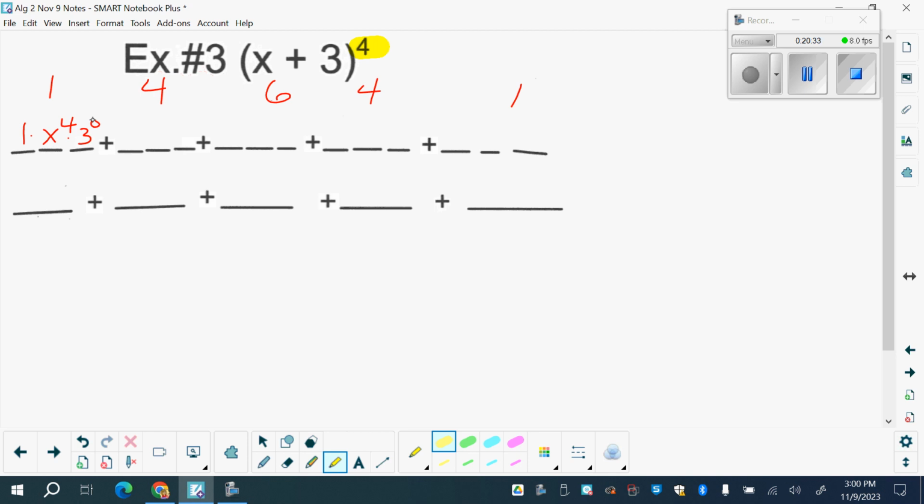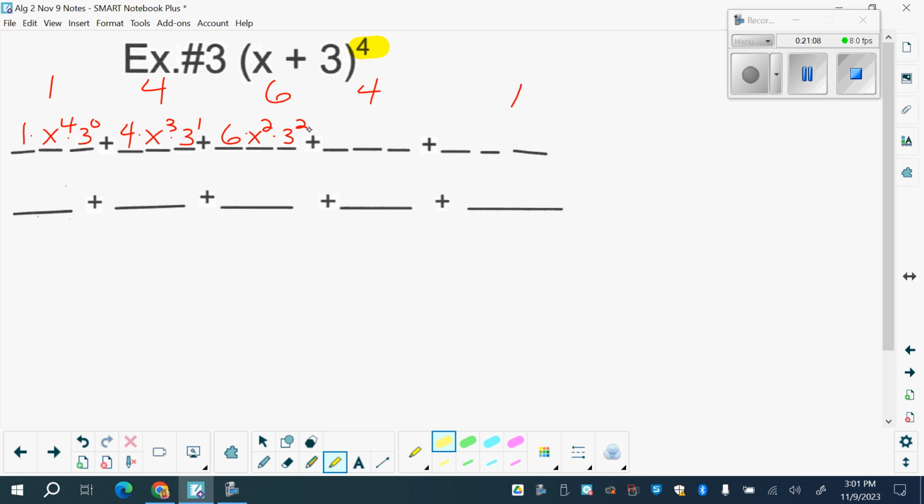So next term is 4 times x to the, can you tell us the exponent on the x? Good. And then the exponent on the 3? 1. Yes. And then 6 times, what goes there? X squared. Times? 3 squared. Yep, 3 squared. So again, remember these two will always add to what your expansion exponent is, so this exponent up here.